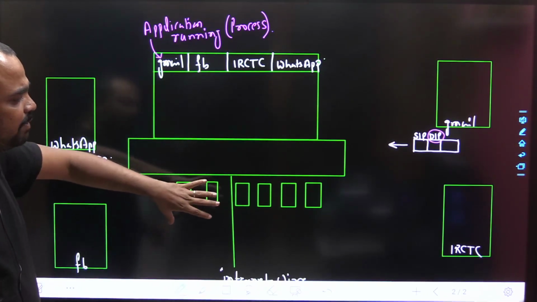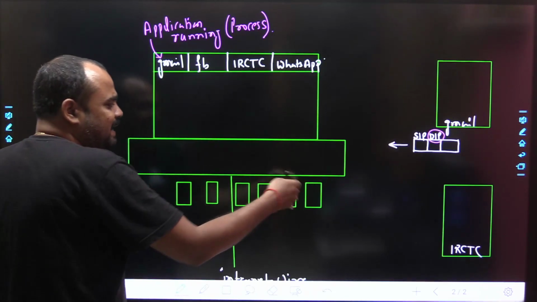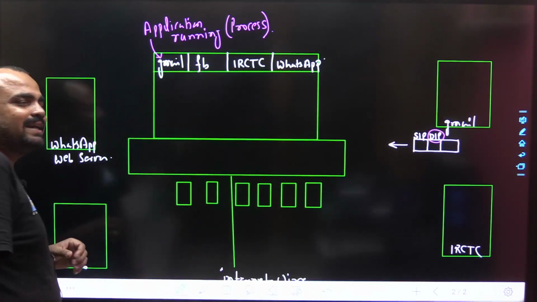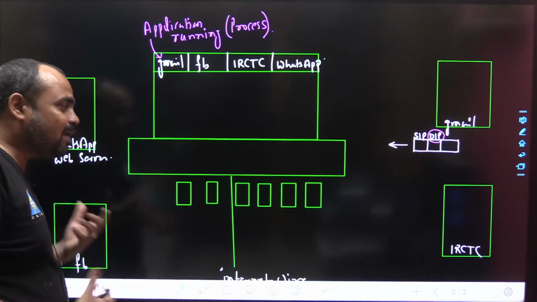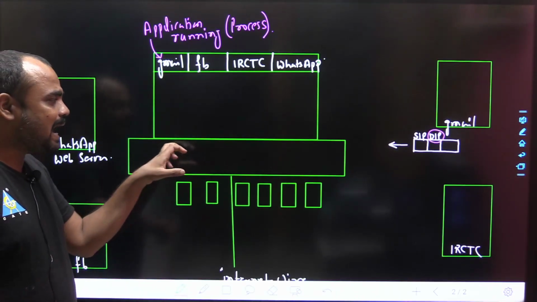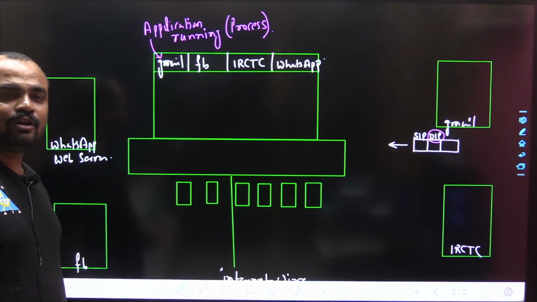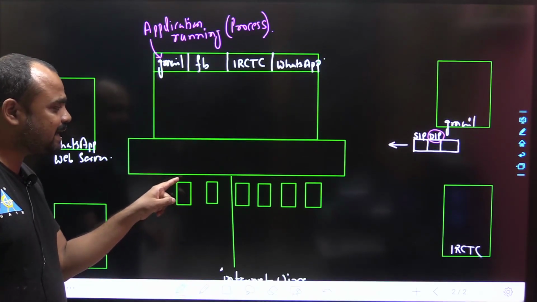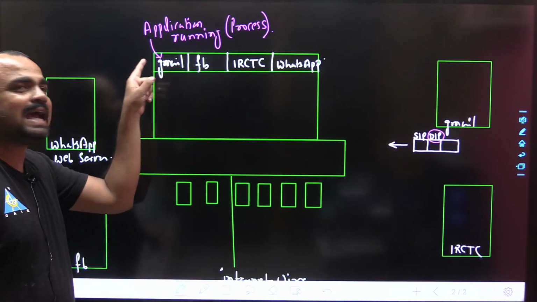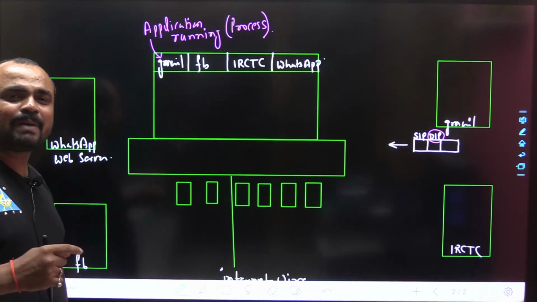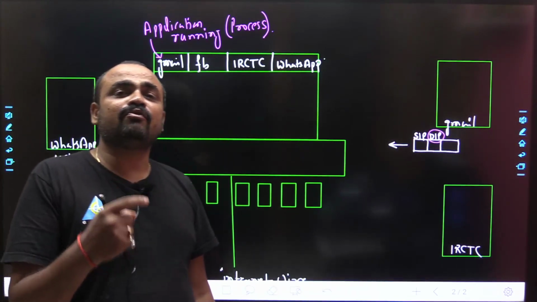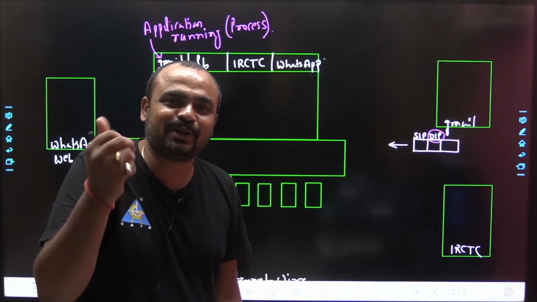So just see over here. With the help of destination IP, all these packets reach the final destination. But now at this point, how will the computer decide which packet is for which application, which packet is targeting which application? Are you getting my point or not?